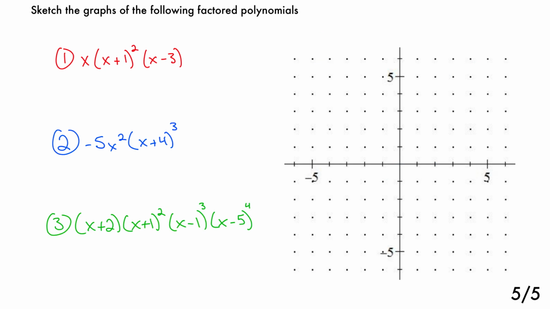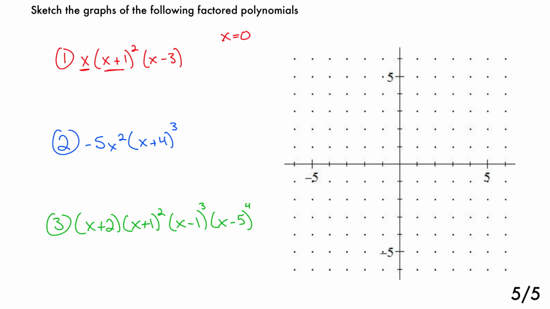Now that we have all that information, now we can finally get to graphing these functions in their entirety right off the get-go. So for problem number 1, I have x times the quantity of x plus 1 quantity squared times the quantity of x minus 3. So my x-intercepts, I'm not going to do the algebraic process, but I would say my first x-intercept comes from here. That's going to be x equals 0.